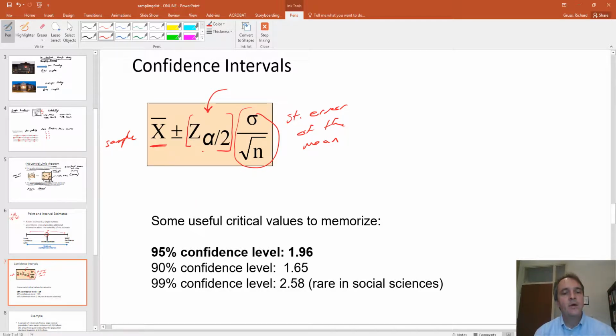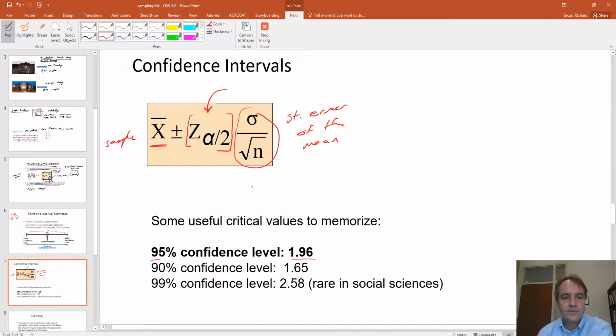Okay, now we're going to get into these z scores, these z scores that correspond to certain levels of probability. I go into those in another video, but something that's useful to know, I'm just going to give you some values.